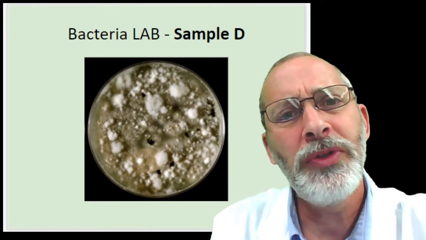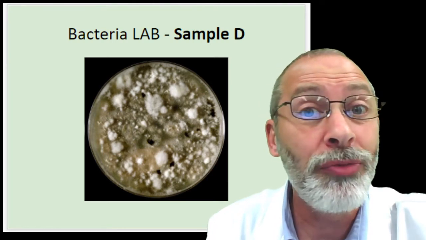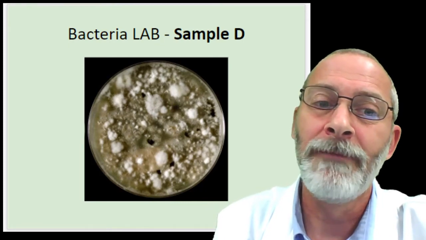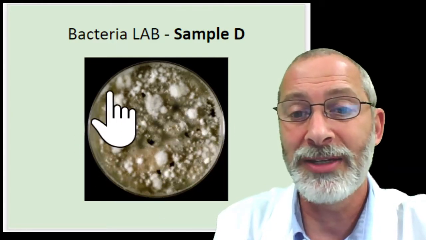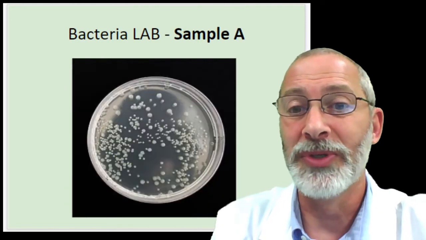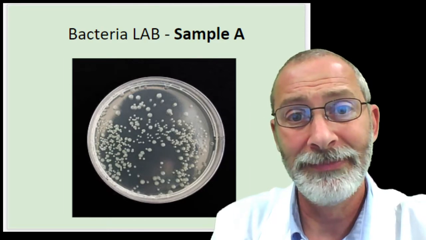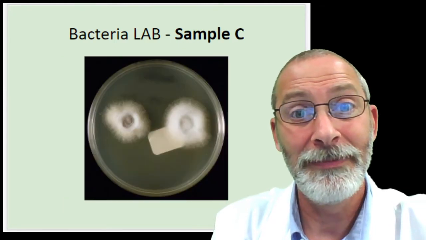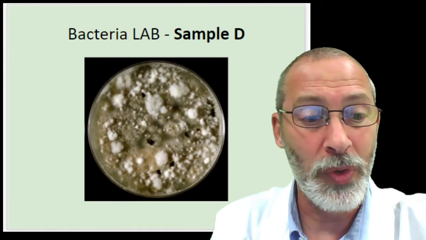Think about what you do with your shoes when you get home every day. Do you wear them through your entire house, or do you take them off at your front door? Think about the appearance of these bacterial colonies as you compare it with samples A, the toilet, B, the sink, C, the keyboard, or D, the floor.